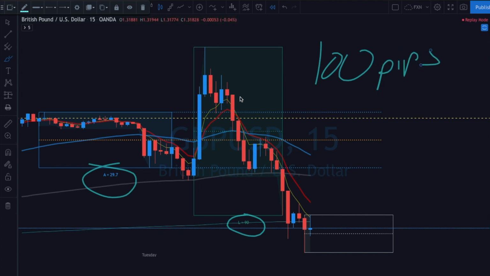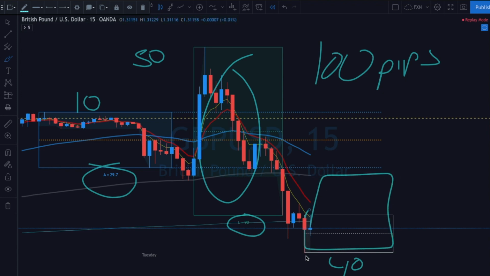And let's say during London, it's only moved, let's say, 50 pips. And during Asia, it moved, let's say, 10 pips. Well, now I have 40 pips left over that I should be able to get possibly during the New York session. So then, yes, now it makes sense that I could potentially get some kind of trade possibility during the New York session, right?